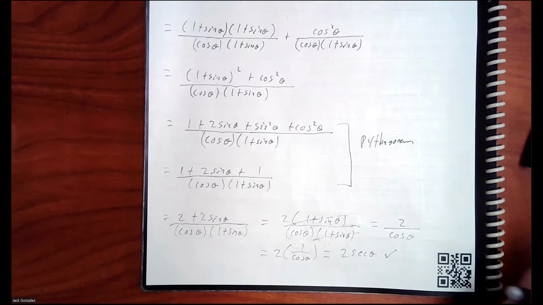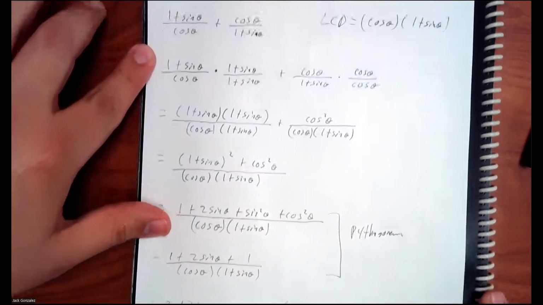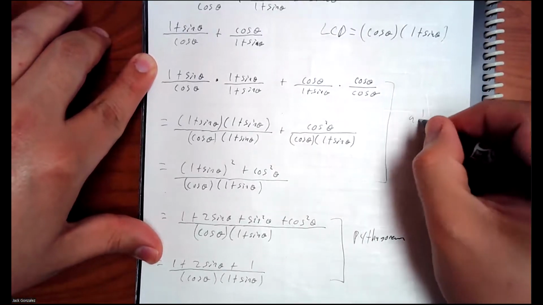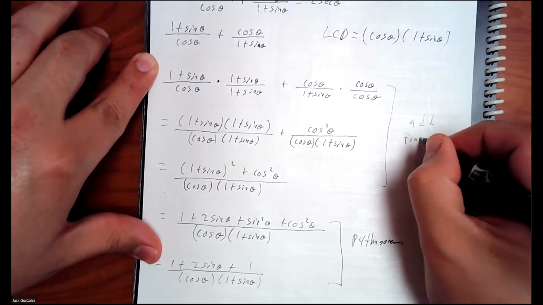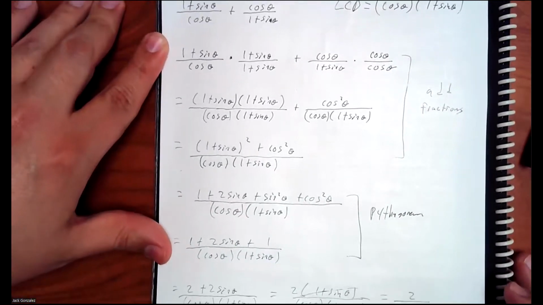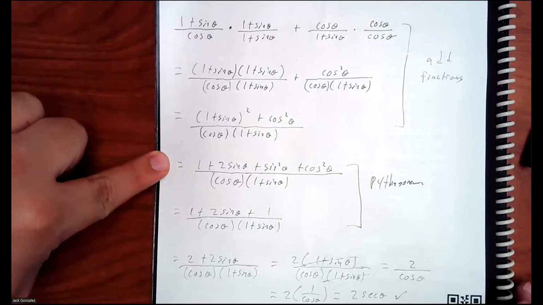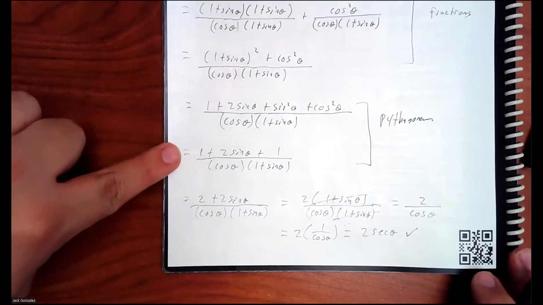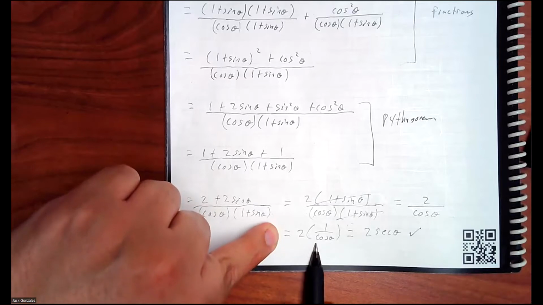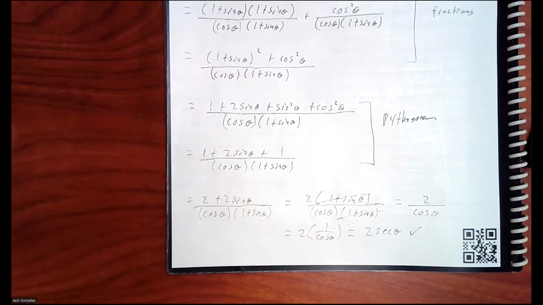So all these steps up here, right from here to here, I'm just adding fractions. Nothing fancy. And then here I apply some pre-cal stuff, algebra, and then again pre-cal, finish.